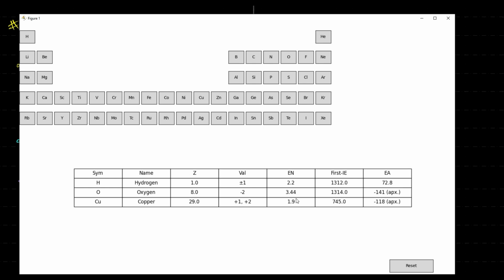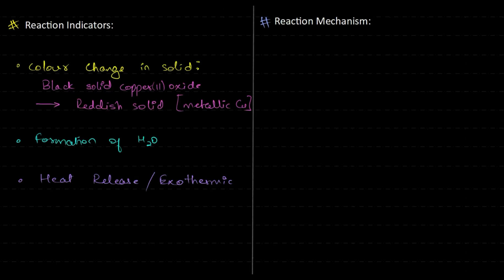There's quite a bit of difference, thus making CuO an ionic bond. That's why we need heat. And first, ionization energy and electron affinity. Of course, oxygen has a lot of electron affinity. It badly wants electrons. So with this in mind, we can clearly see that CuO is ionic in nature, right?